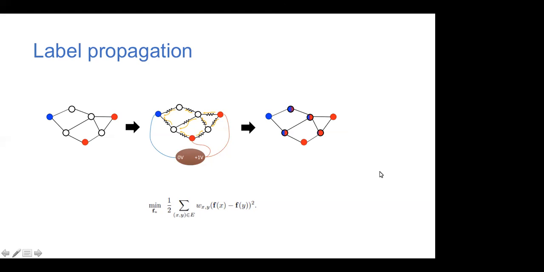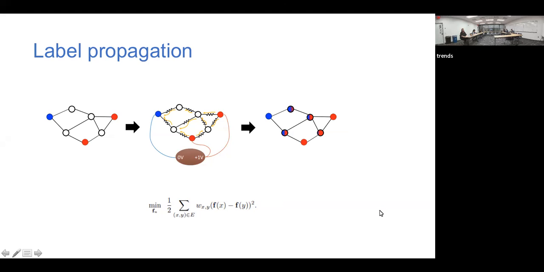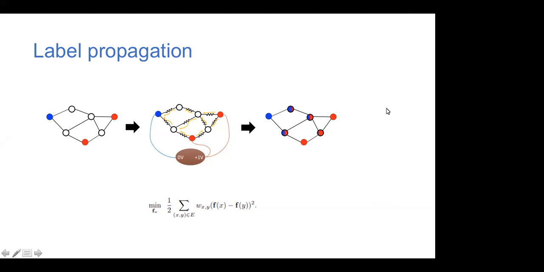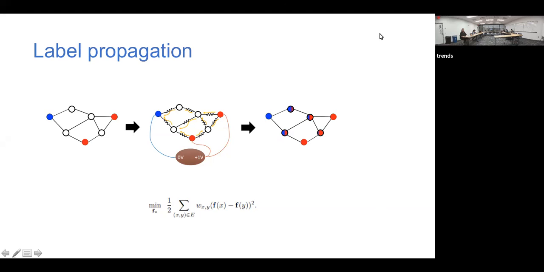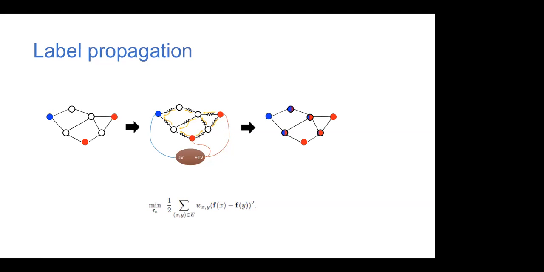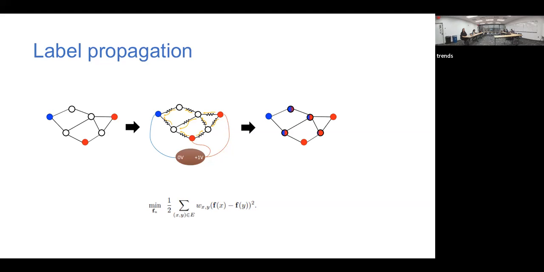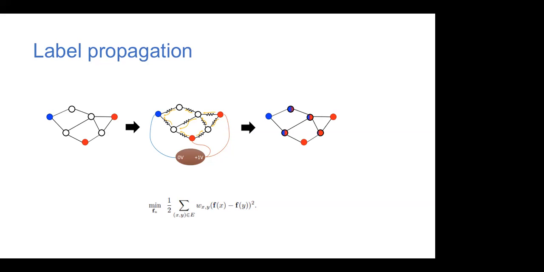If your nodes are very strongly connected, they should have a more similar value. In this case, they should both be purple. It's just the difference between the assignments that you give it. And that's why it's weighted by the edge weight W.